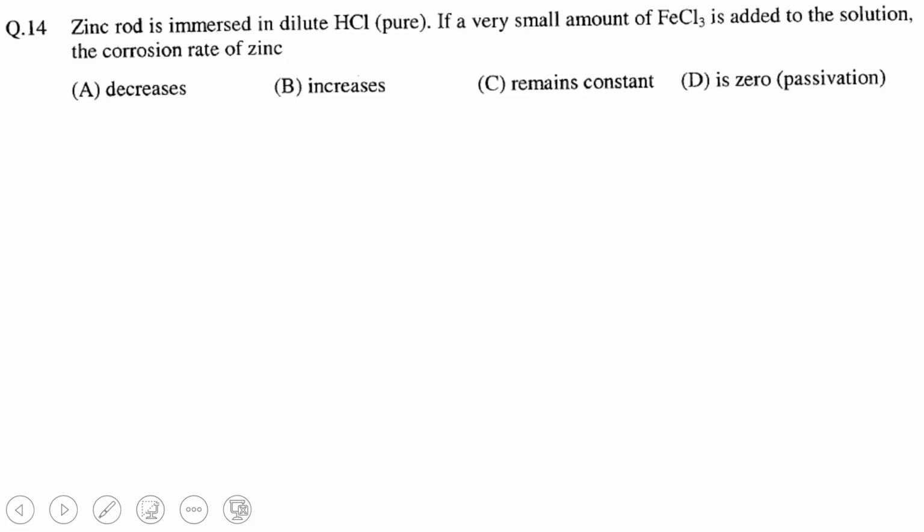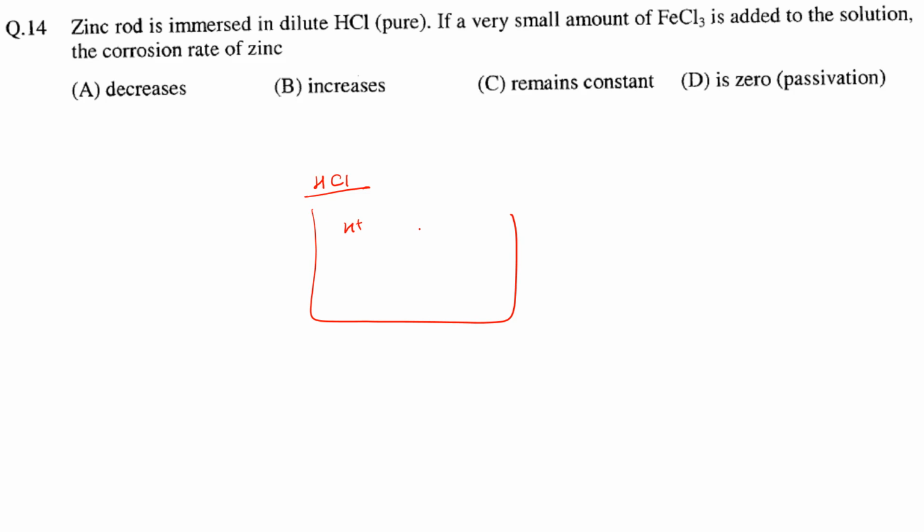Next: a zinc rod is immersed in dilute HCl, and this HCl is pure. If a very small amount of FeCl3 is added to the solution, what happens to the corrosion rate of zinc? We have dilute HCl, so it will be in the form of H+ and Cl-.